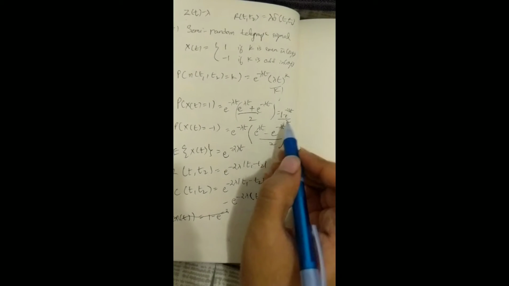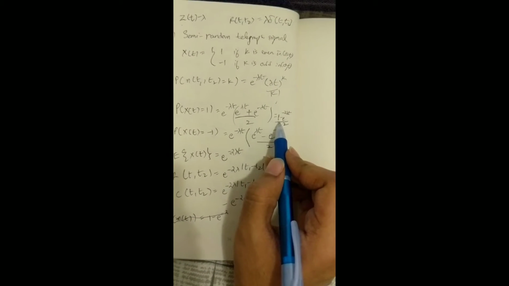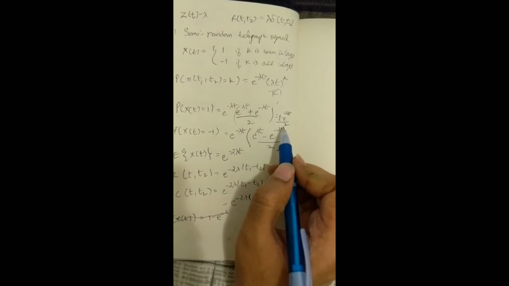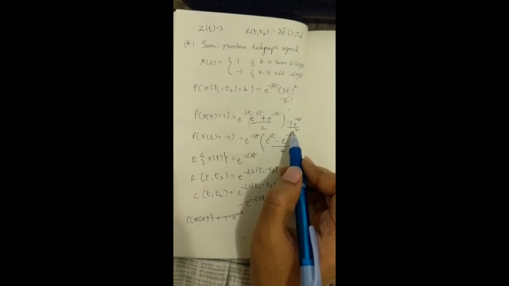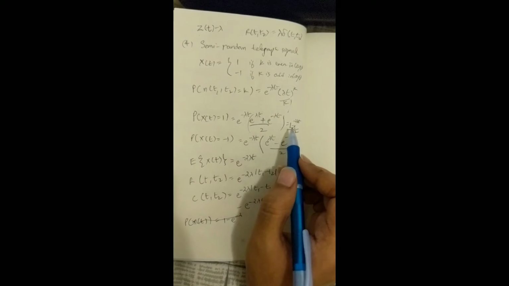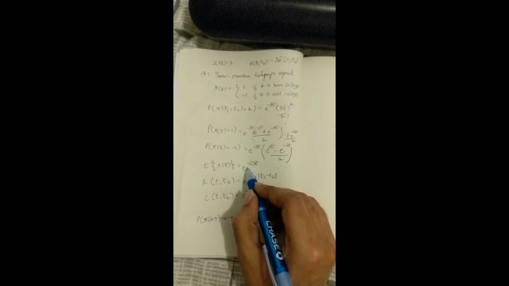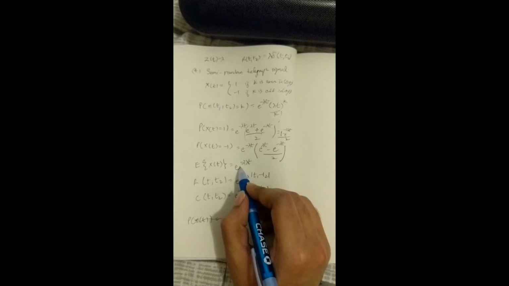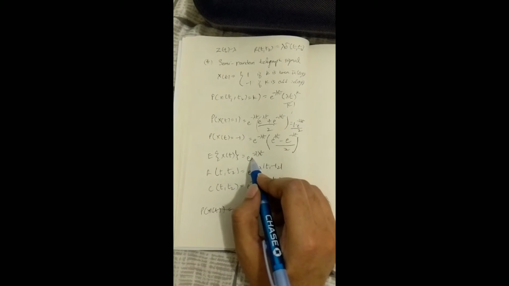Note that p of x of t is equal to 1. This is equal to (1 minus e to the power of minus 2 lambda t) divided by 2, and this value goes to 1 by 2 when t goes to infinity, which matches our expectation. The mean also goes to 0 when t goes to infinity, and that matches our expectations too.